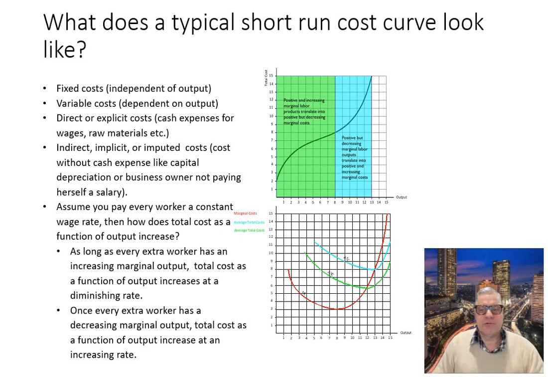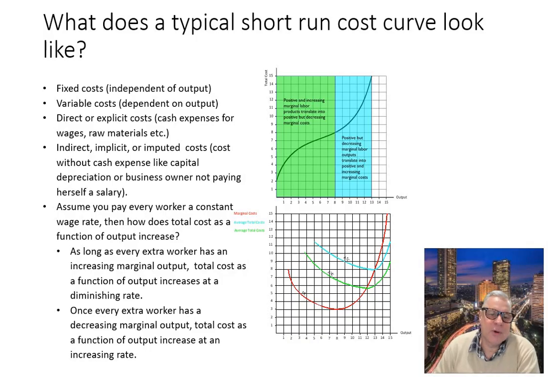So what kind of cost do we have? We have fixed cost, and fixed costs are independent of output. Then we also have variable cost, and variable costs do vary with the output.